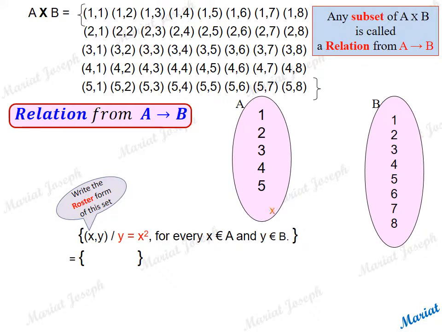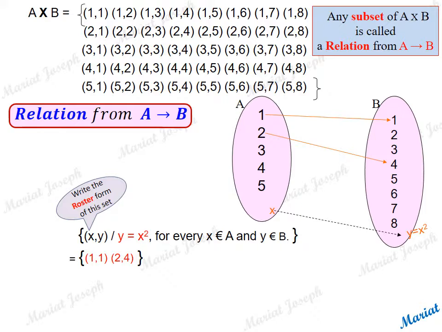Of course, (1,1) since 1 is the square of 1 itself. (2,4) also belongs to this relation because 4 is the square of 2.